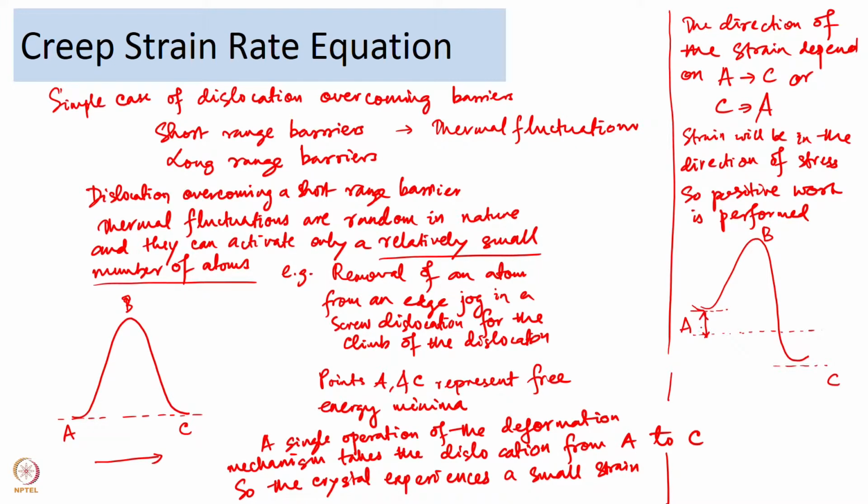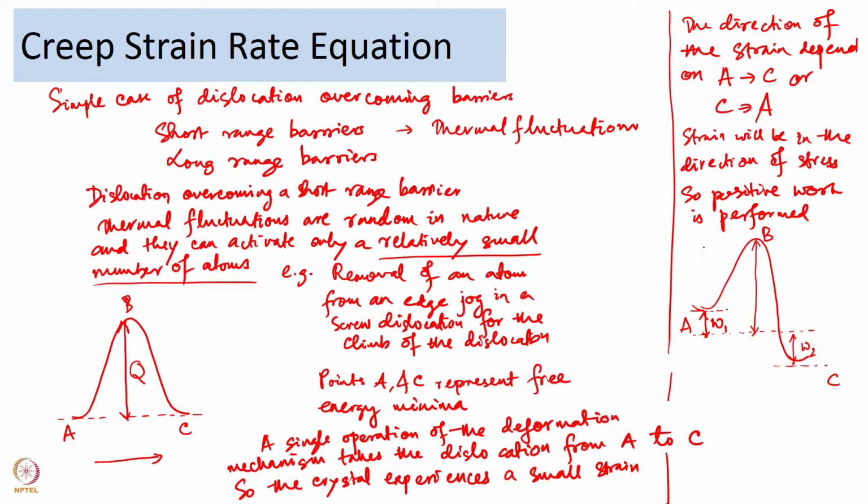A has moved up by a quantity W1, that is the work performed, and C has come down by a quantity W2. To go from A to B there is an activation energy barrier, and let us define it as Q. Because some work is being performed by the application of a stress, Q remains the same, but the activation energy barrier for moving from A to B is going to come down.